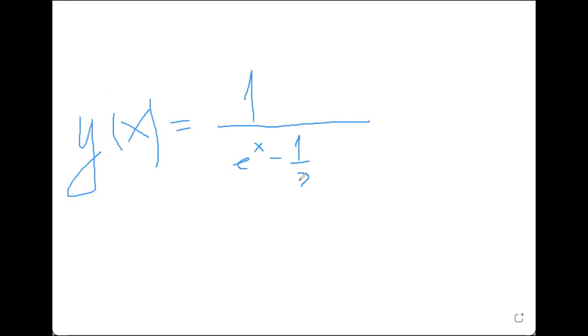So we had y of x is equal to 1 over e to the x minus 1/2 e to the 2x, or something like that.